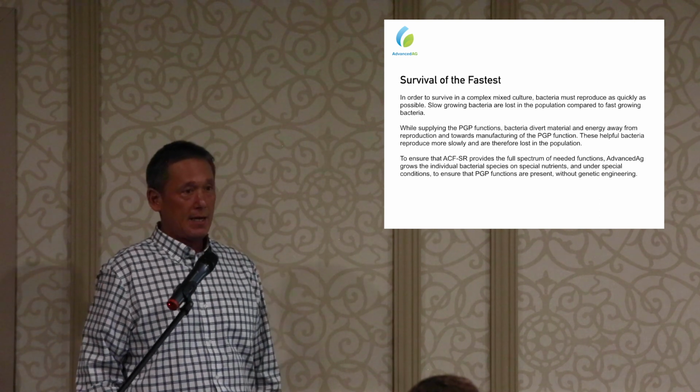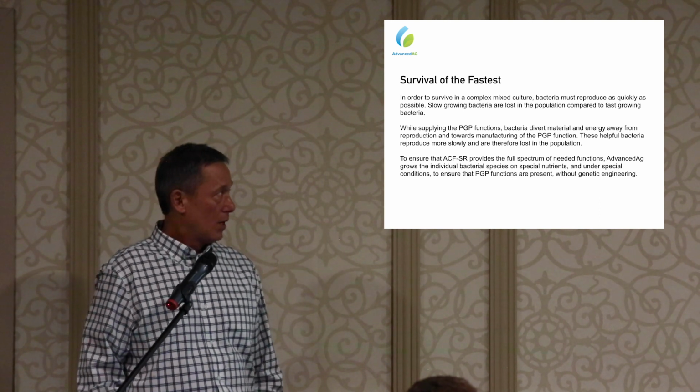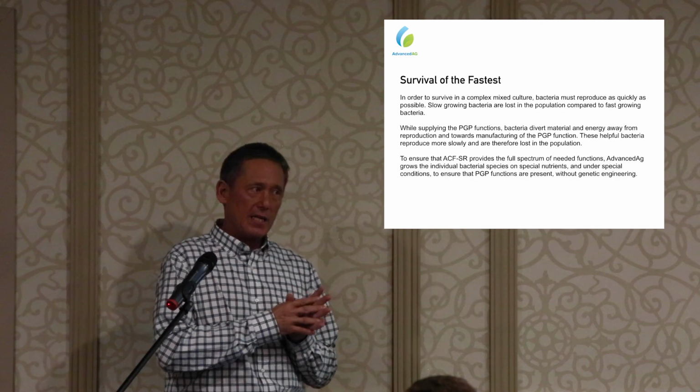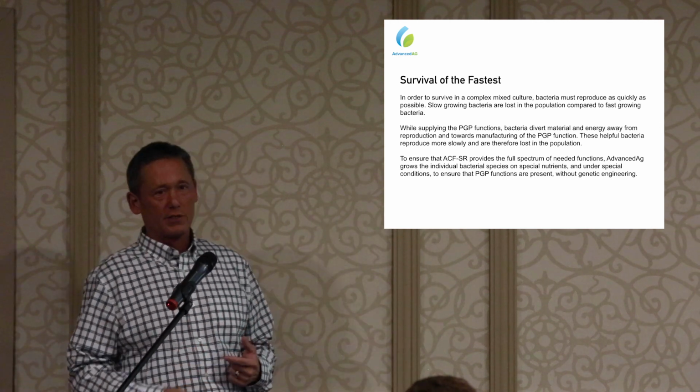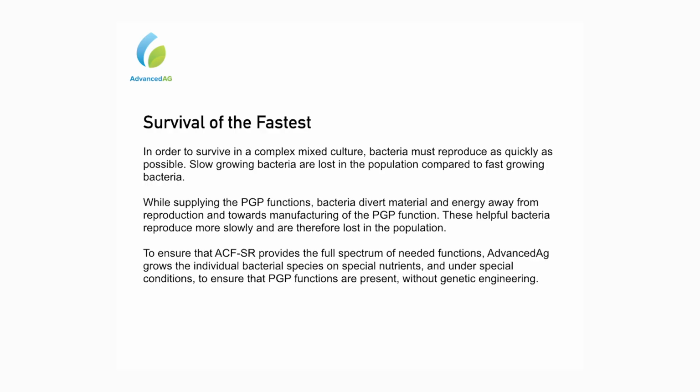And what we want to talk about is all these different functions, all the different efforts that we put into making sure these bacteria can make protein degrading enzymes and chitinases and plant growth hormones.